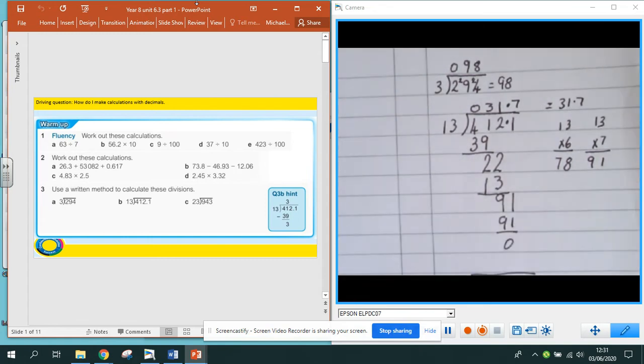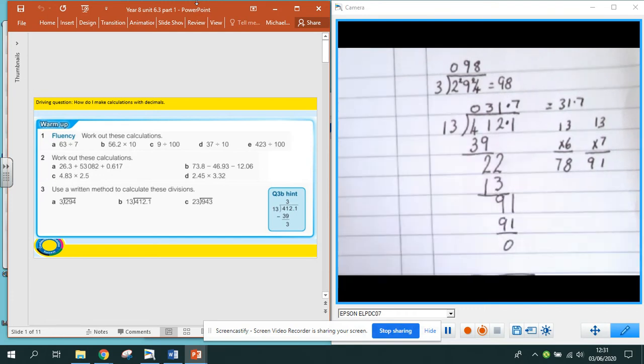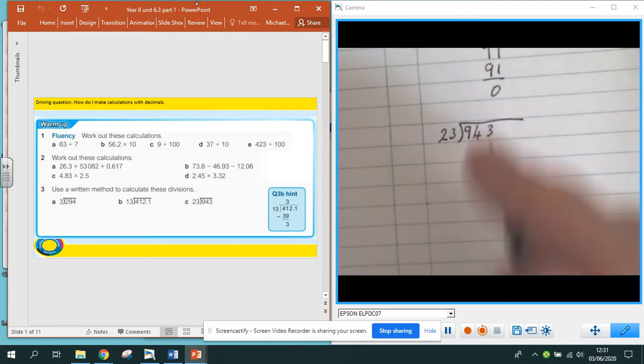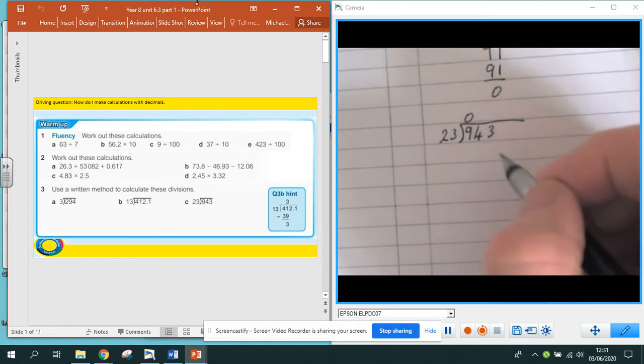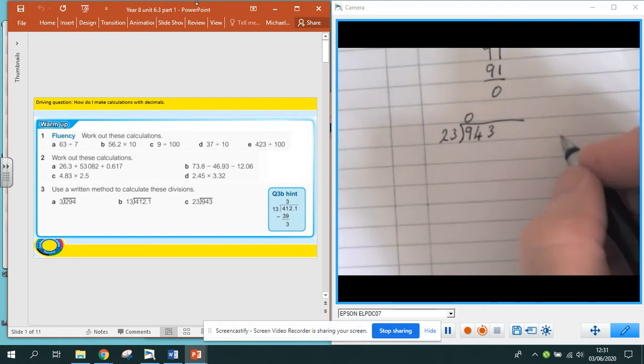943 by it. Are there any 23s in 9? No. So put down a 0. I need to do some work on 23s now. So, I know what 1 times 23 is.